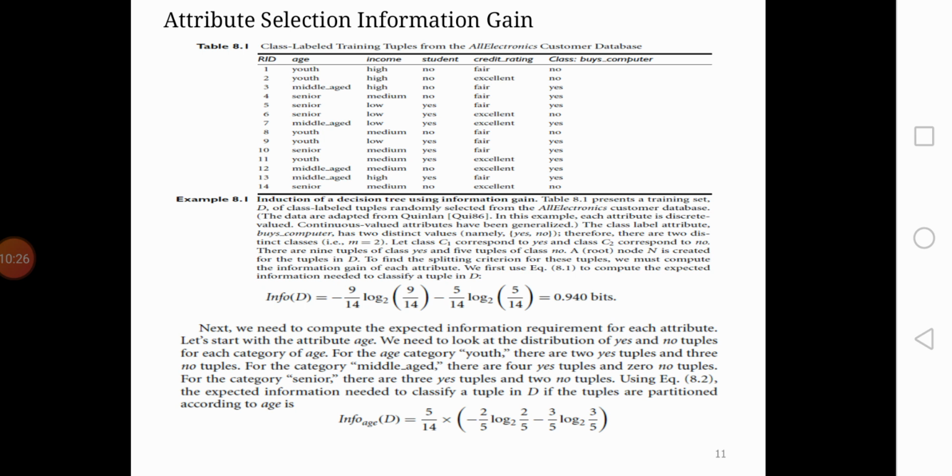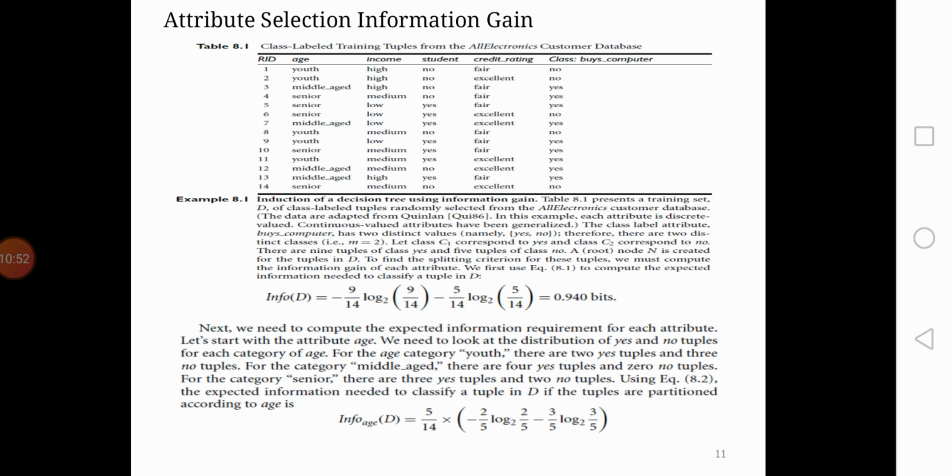Next, we need to compute the expected information requirement for each attribute. Again, we check the expected information for each and every attribute. For example, initially we consider the attribute age. The attribute age contains the values youth, middle-aged, and senior.